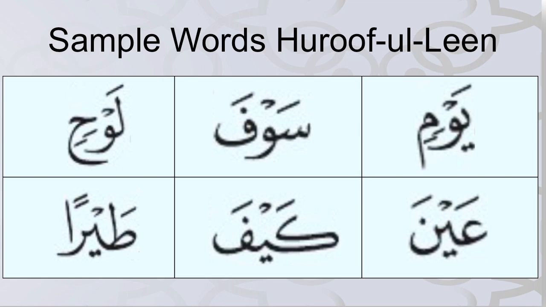Okay, next I'm going to give you some sample words, and I'm going to spell them out for you. Some sample words with huroof-ul-leen. The first row is with waw sukoon, and the second row is with ya sukoon. So this is how you would spell these words out.